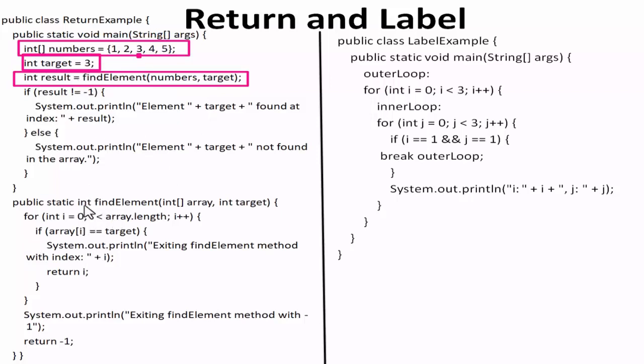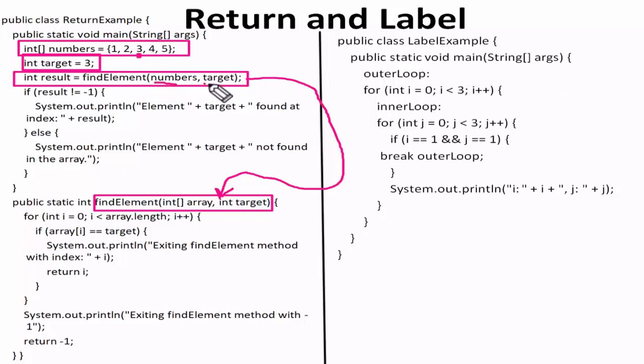Here, public static findElement is a particular method. You can notice the control comes to here. The two parameters are numbers and target. Numbers is an array and target is defined as int target.